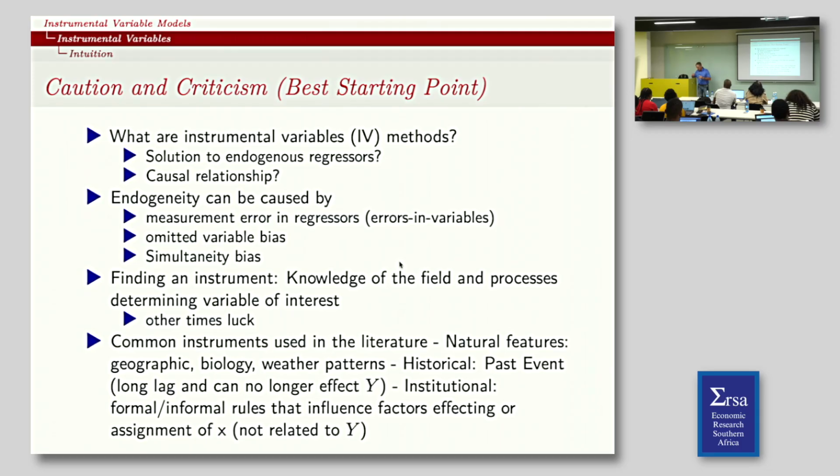Anybody ever heard of Josh Angrist? No. Okay. So he's an MIT applied econometrician who managed to get his hands on U.S. Veterans Affairs data. And of course, the U.S. has been in numerous wars. But for the Vietnam War, they had a draft. And drafts come with randomized numbers and so on, right?